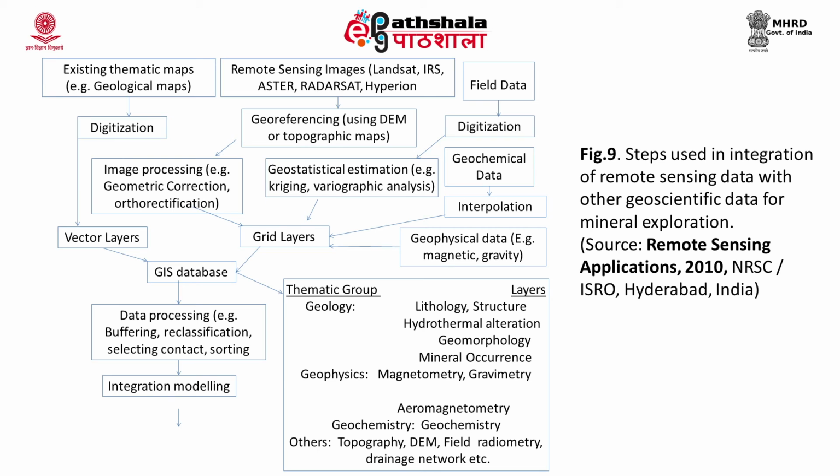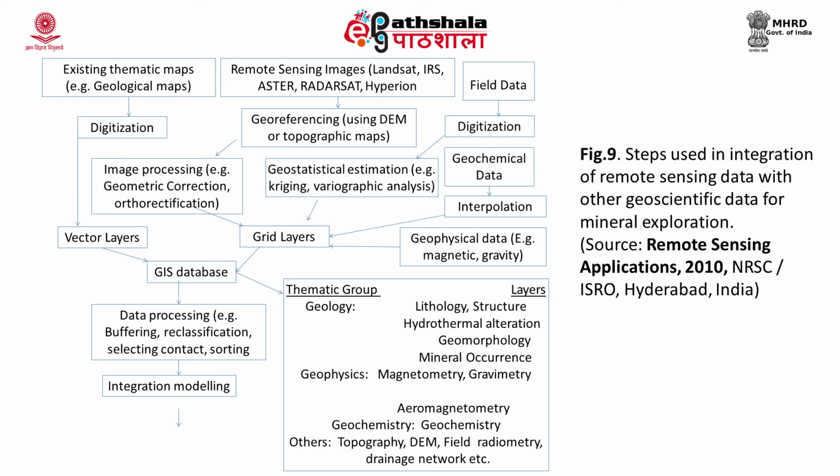Before starting this, we should have an existing thematic map or the geological map of that particular area. We should have a remote sensing image, whether it is Landsat, IRS, ASTER, RADARSAT or hyperspectral, and we should have some field data.